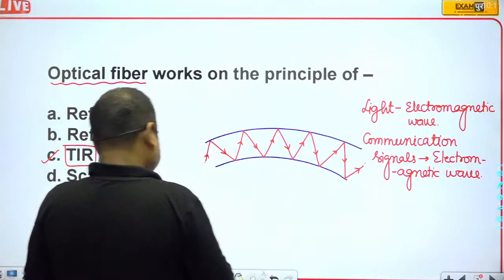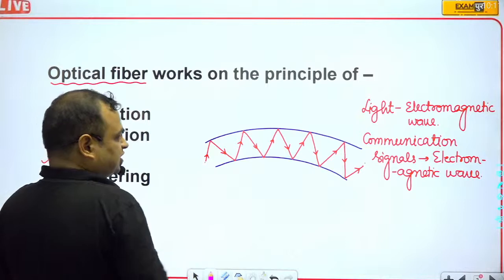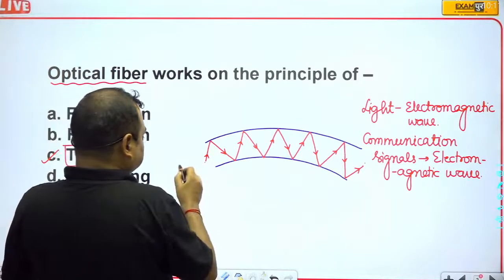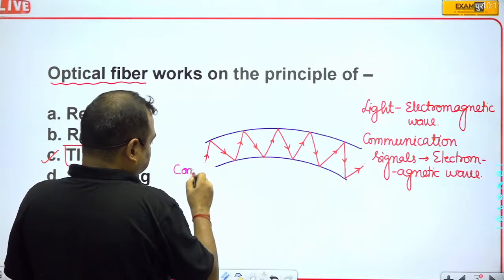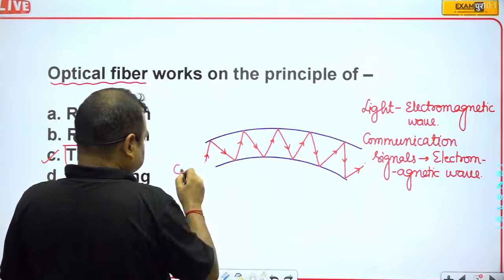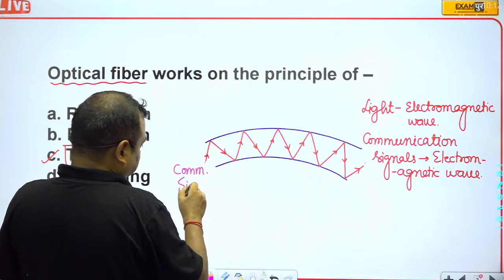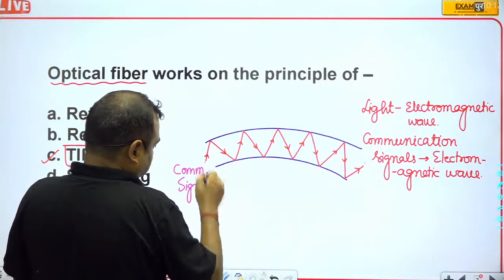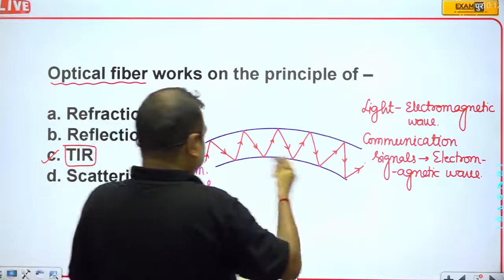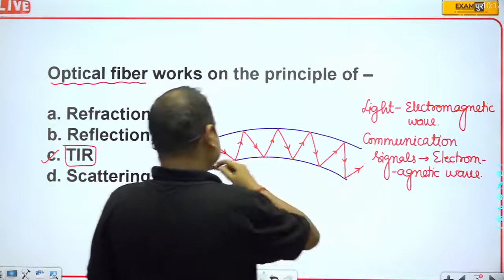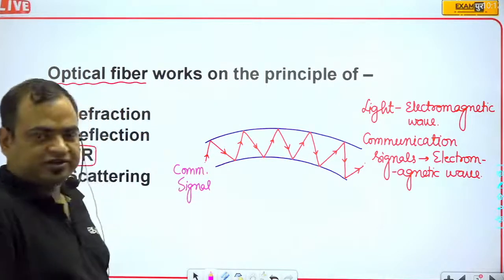So when we provide the communication signal from one end, it can also go to the other end.